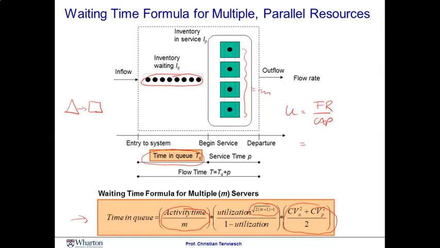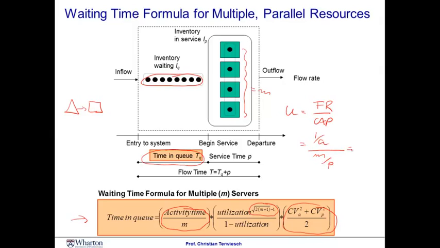Now, if the flow rate is driven by demand, I simply have a customer arrive every a units of time, where a was the inter-arrival time, and I can write my capacity, just like in every other module in this course, as the number of resources divided by the processing time.